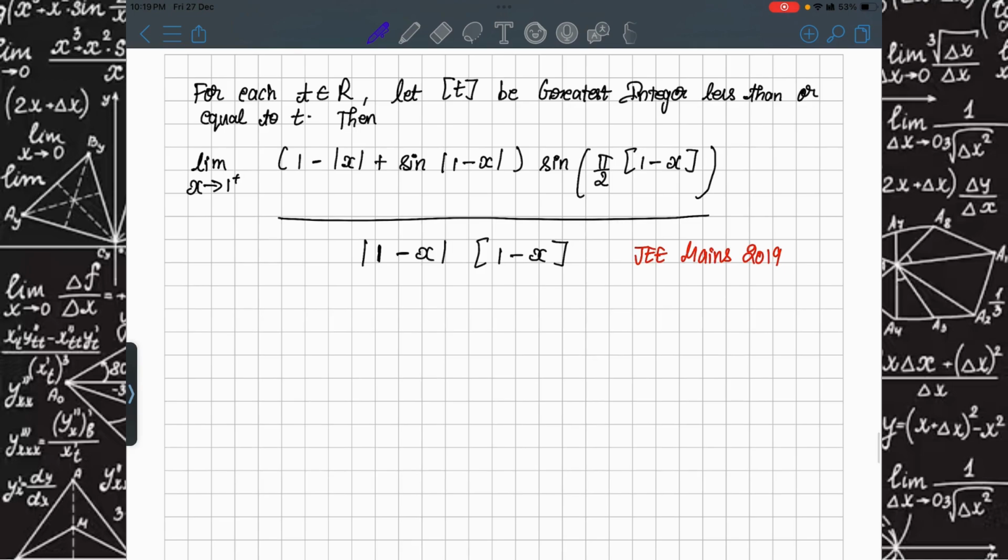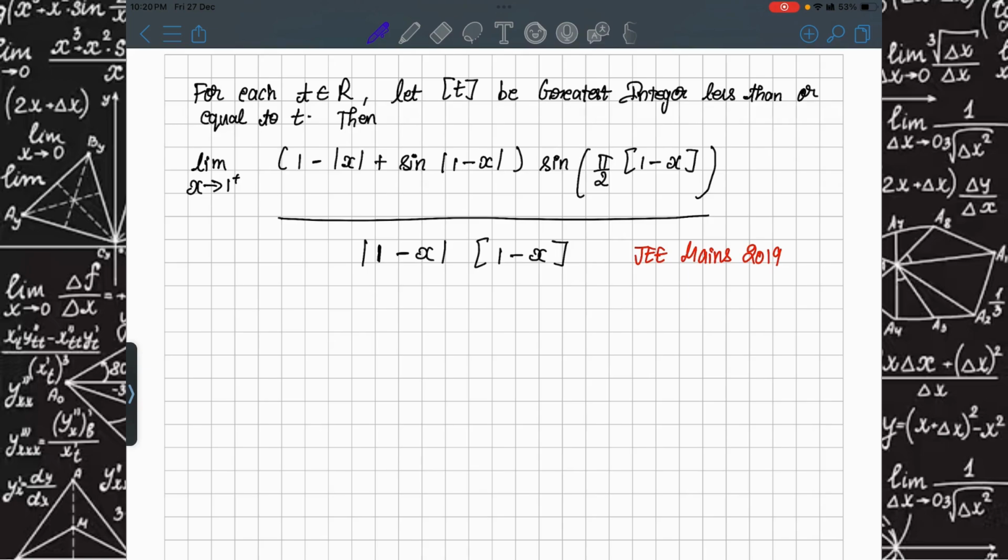This is the next question. For each t belongs to the set of real numbers, let t be the greatest integer less than or equal to t. Okay, so we have to solve this limit. It looks kind of intimidating, and it contains modulus and then greatest integer functions.